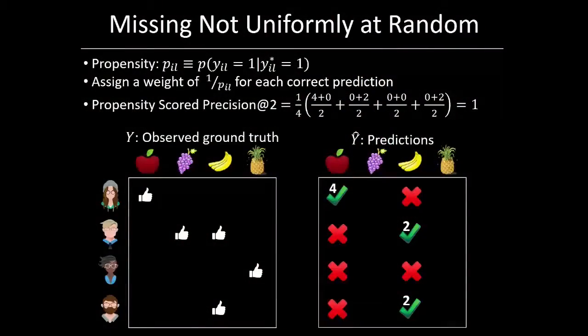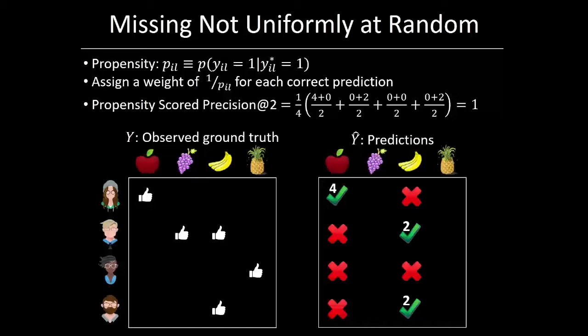Unfortunately, most of the work that has happened in the missing labels literature and the recommender systems community is all on when labels go missing uniformly at random. But the propensity scoring techniques that have been developed actually apply even when labels go missing under arbitrary probabilistic label noise models. So the way I'll define the propensity p_il is the probability that a relevant label l, which is relevant to document i, is retained in the observed ground truth.